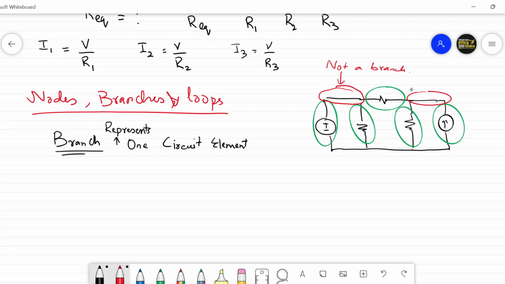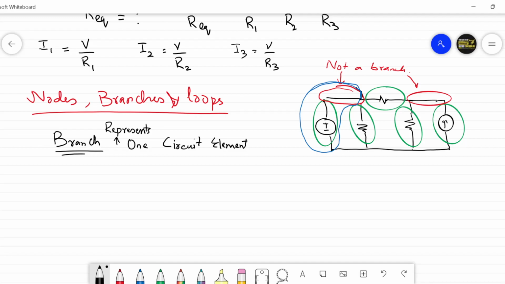Similarly, this one here. So there has to be a circuit element and you can identify that as a branch. Fine. But you can say that this whole combined can be called as a branch. That much is fine. So it represents only one circuit element. So branch represents a single circuit element in an electrical circuit.